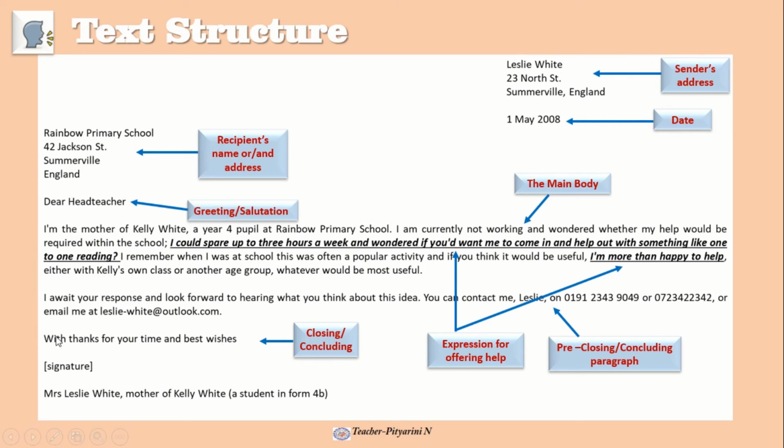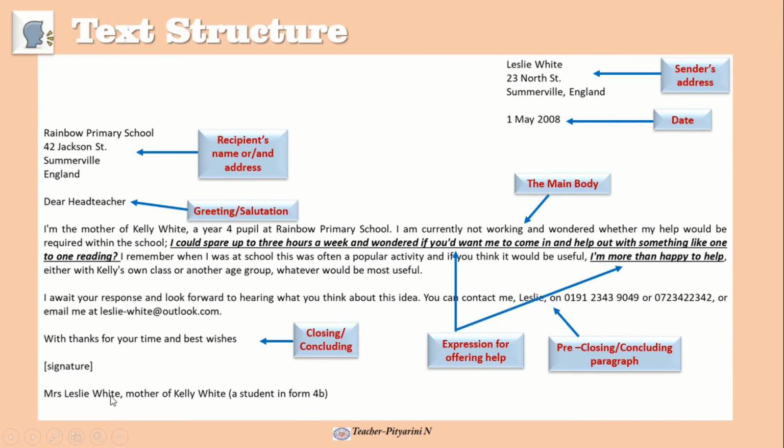You can write yours faithfully if you don't know the name of the person that you are writing to, or yours sincerely if you know the name of the person that you are writing to. So for example, dear Mr. Johnson. Then here you write yours sincerely. Okay? But if you write dear sirs, because you don't know the name of the person, then you would write here yours faithfully.